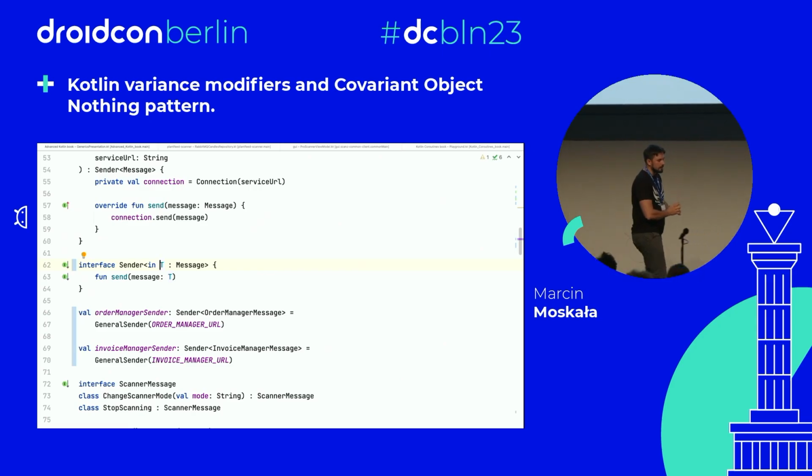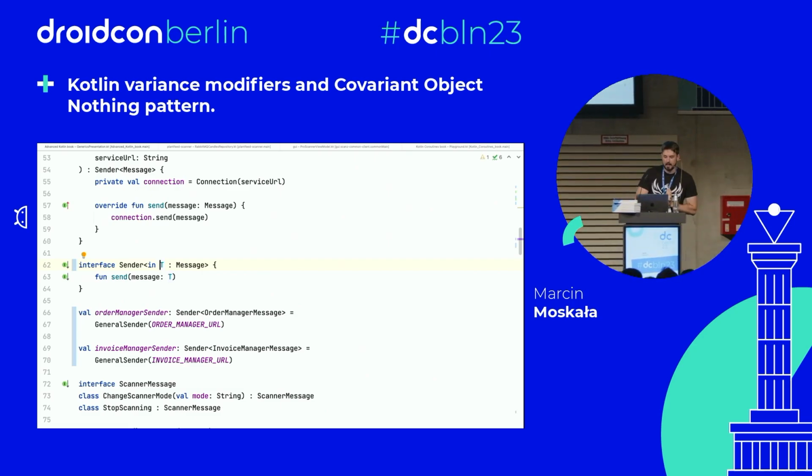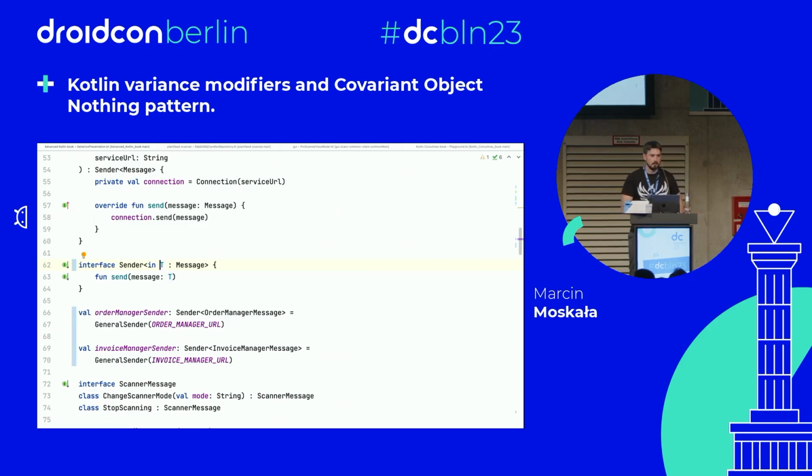This sender consumes messages, and a sender that consumes all the messages can be freely upcasted to a sender that consumes a specific kind of messages. This is what contravariance is for. You will see that more clearly once we analyze other examples. Does that make sense so far?